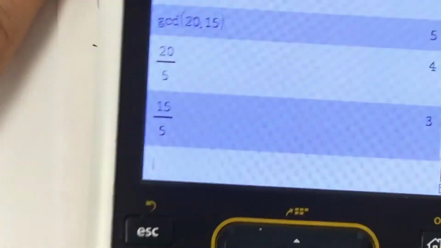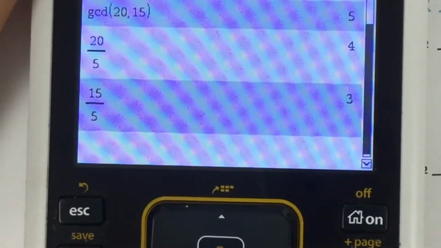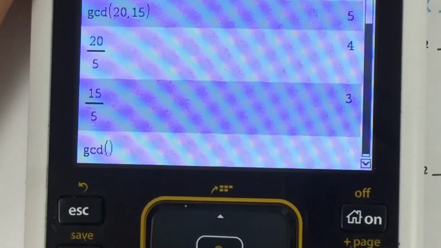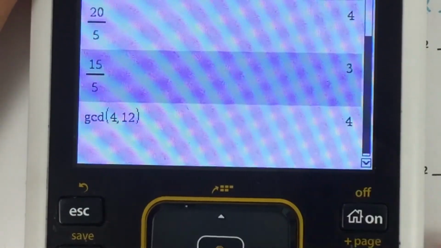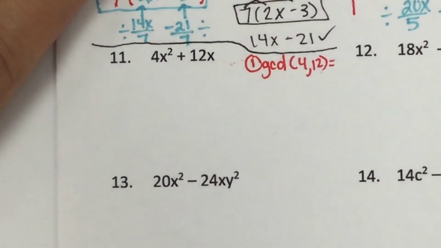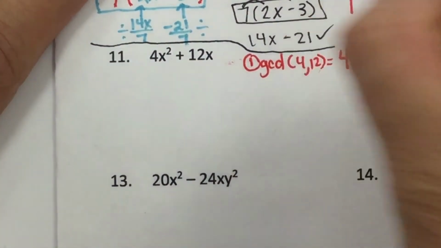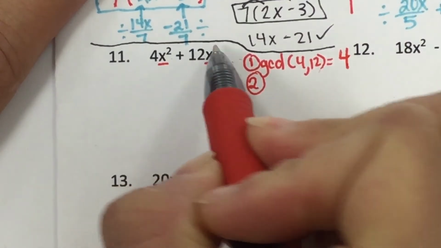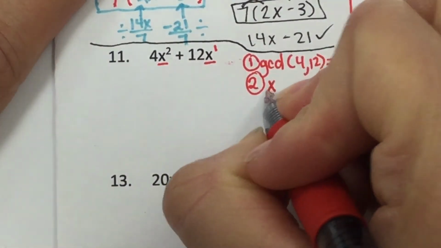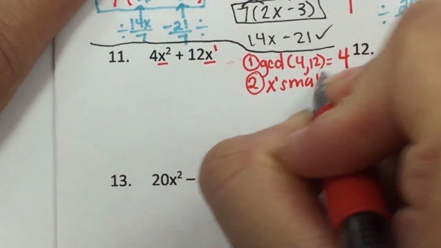So you're going to take your calculator and you're going to do menu 25, 4, 12. 4. That's the greatest common factor between both of them. So 4. 2, the smaller exponent is x to the first. So x to the first is the smallest exponent.